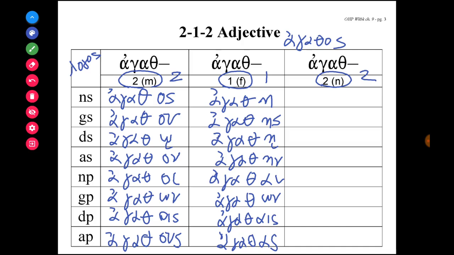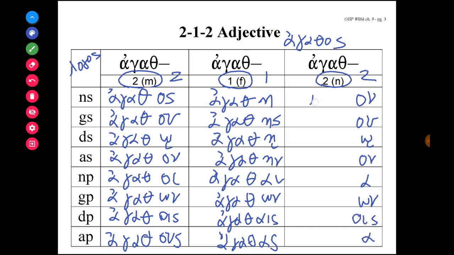And then, as you guessed, if the adjective modifies a neuter noun, then you have to use the neuter forms. And so the neuter forms for the second declension are on, u, o, on, a, on, ois, a.